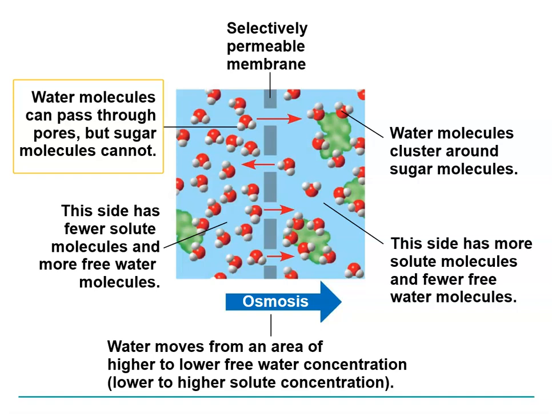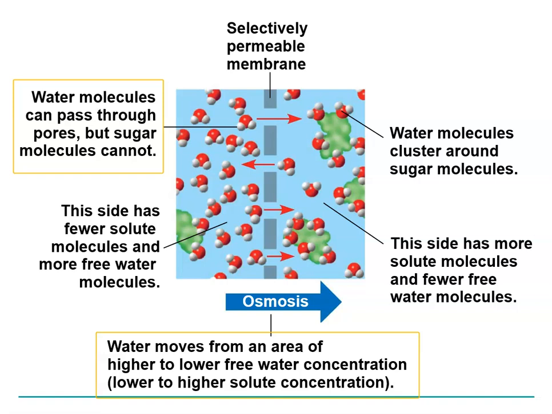So this is osmosis, because the water's going to go from an area of higher to lower free water concentration. Notice that on the left side of the membrane, there are a lot more water molecules packed into the same space than on the right side.